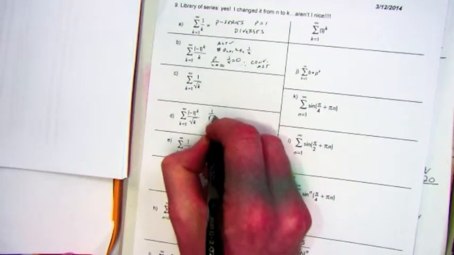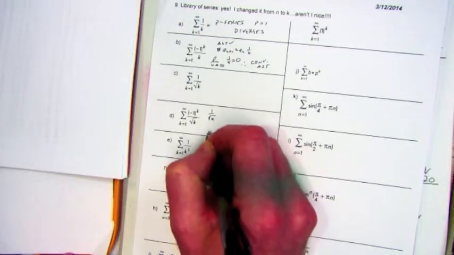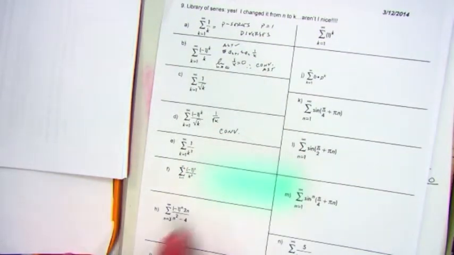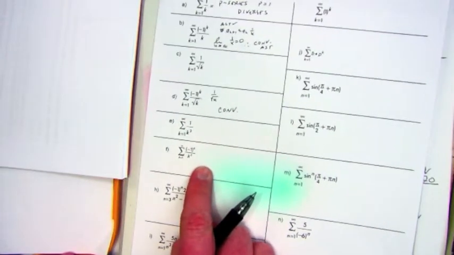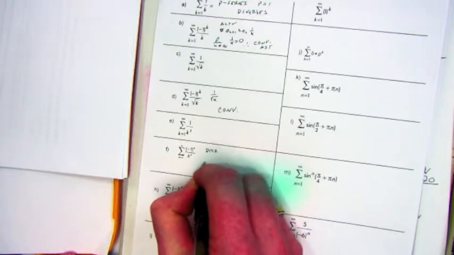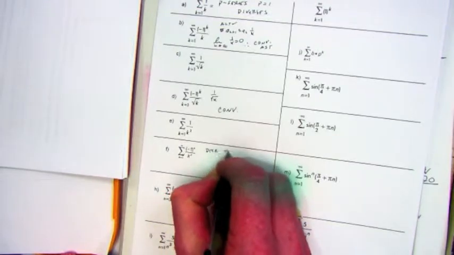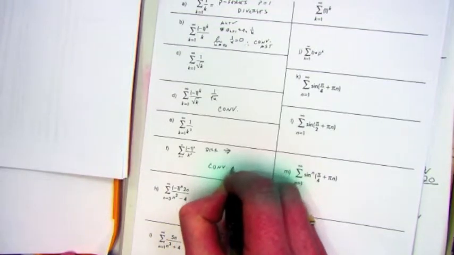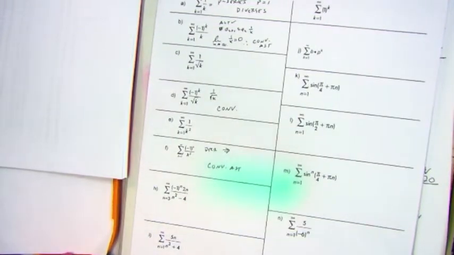So let's look at D. It's alternating. 1 over root k is decreasing, and it decreases to 0. So this converges. Okay. If you look at this one, let's go down to F. It is alternating. It's decreasing, and it eventually goes to 0. So this one also converges by what? AST. Just a couple thoughts on those.